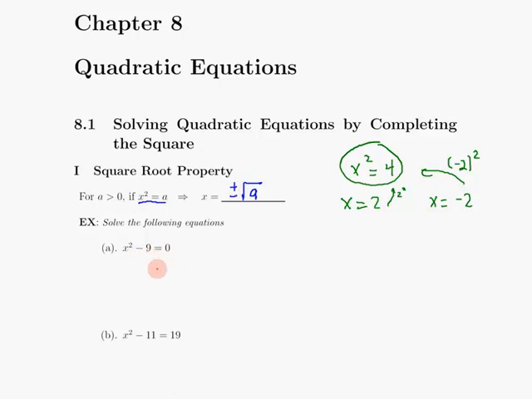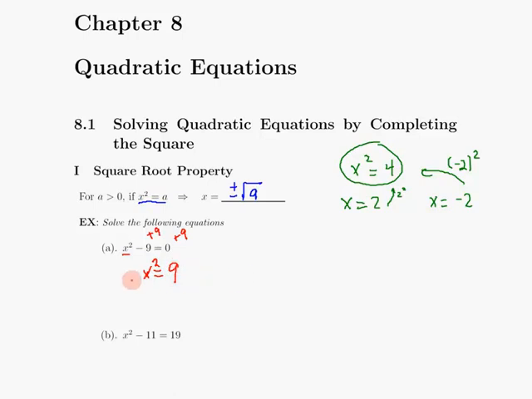Now, let me do an example of a problem. It looks like this: x squared minus 9 is equal to 0. I can use the square root property to solve that by first getting the x squared by itself, adding 9 to both sides, and I have x squared is equal to 9.